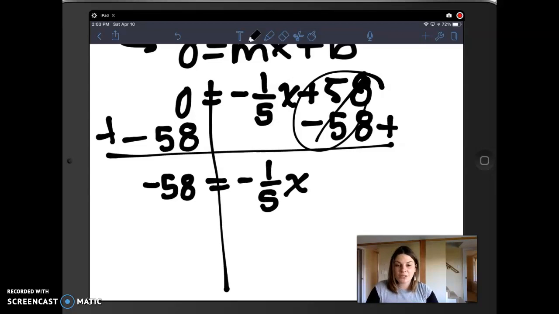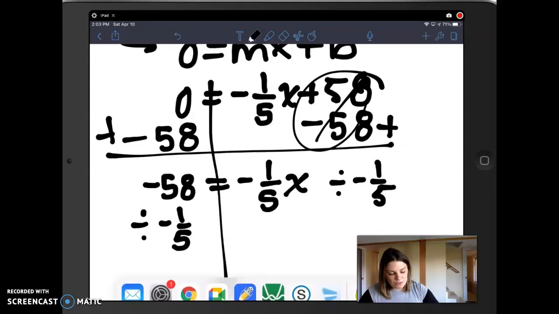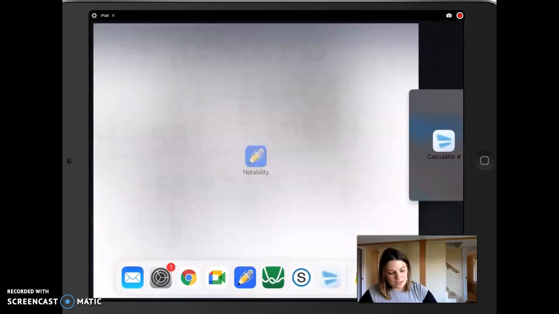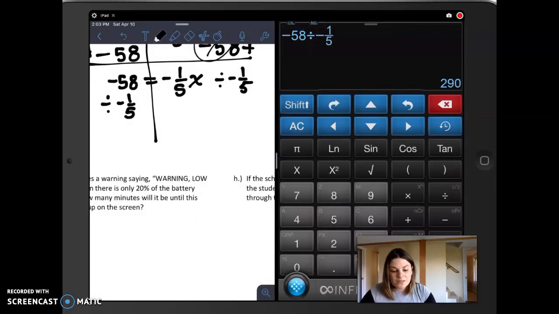Now here's where things get a little challenging. If you have a fraction, you could always just say, okay, I'm going to divide by -1/5, and you can put that into your calculator. You would have -58 divided by -1/5, like that. There's slightly fancier ways to do it as well that'll give you the same answer.